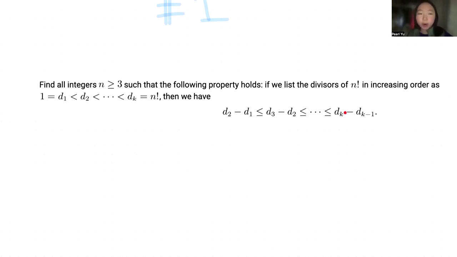So we want to find, remember, all integers n greater than or equal to 3 such that this holds. In other words, the gap between the divisors continues to get bigger, or let's say it doesn't decrease.